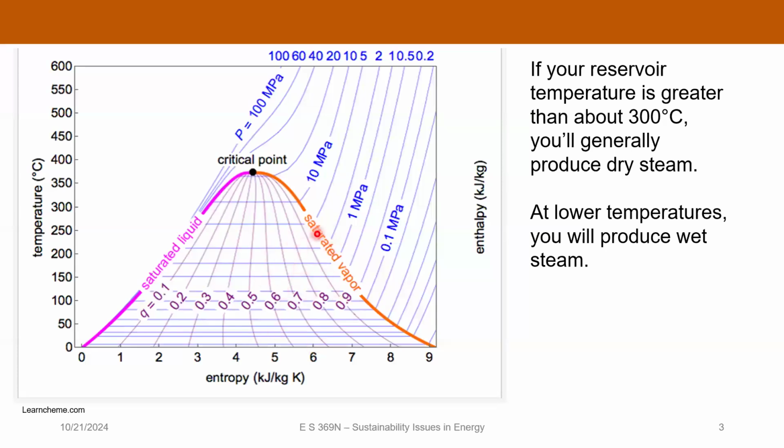But you'd still want to be over here in the higher vapor fraction part of that two-phase region. So that's your ballpark numbers: 300 degrees C in the subsurface, and you want your steam to be at least 120 when it comes to the surface. Then you can run it through your power plant.